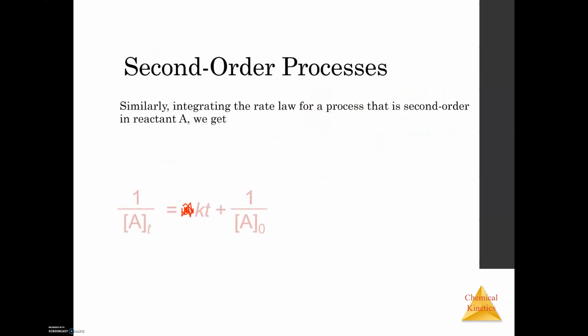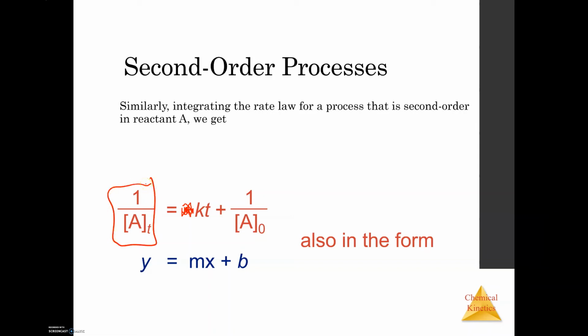Now, second order is a little different than first order because of the way we go about integrating it. But the form that you get that's important here is this form here. You notice I scribbled out some stuff there because there was an error in that part of the slide, so ignore that. What you observe here is that you have 1 over the concentration of A versus time.